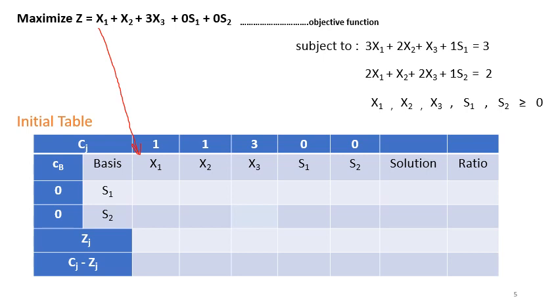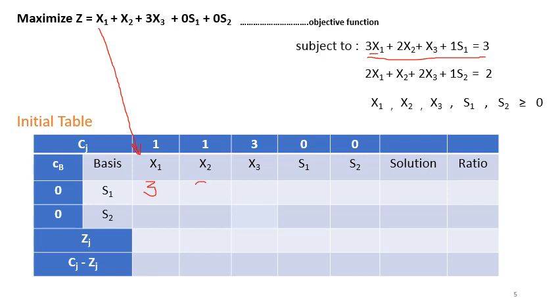Now let us go to the second row in the basis. You can write here whatever is the coefficient in the first constraint. This is the first constraint. In the first constraint, the coefficient of x1 is 3, so you will write 3, the coefficient of each of these variables in the first constraint.